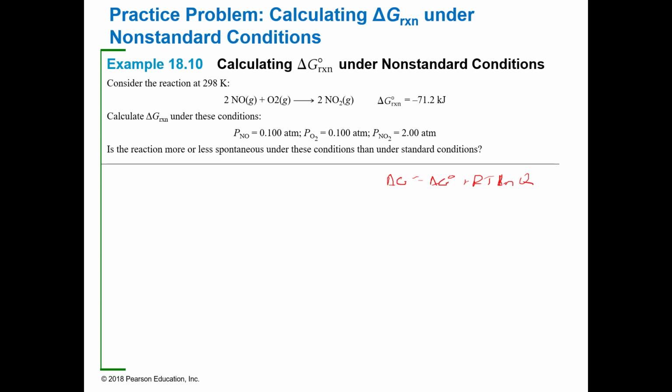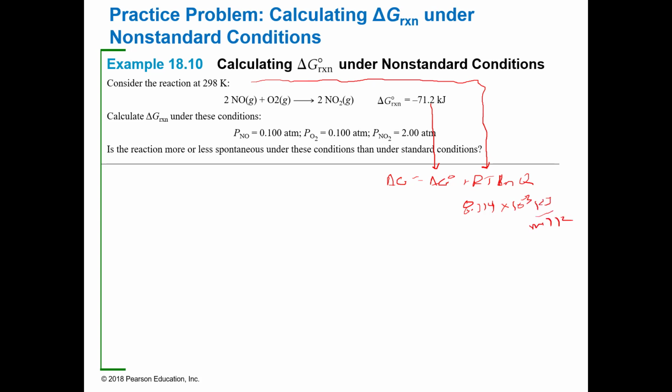Other than that, it's really just plugging it in, right? I mean, what you have here is this goes here, and T is 298, and R, you know it already, it's 8.314, and maybe you want to make this times 10 to the negative 3 kilojoules per mole Kelvin.